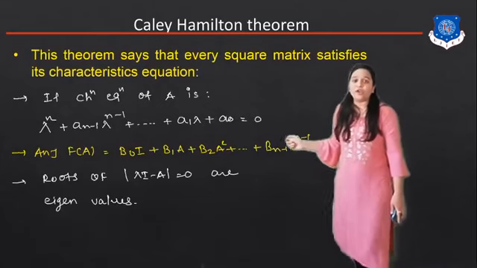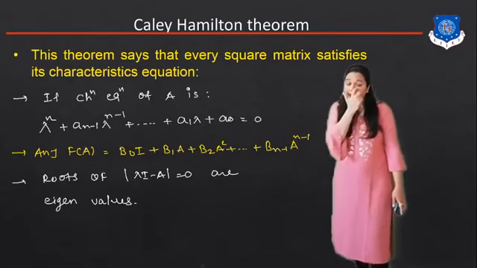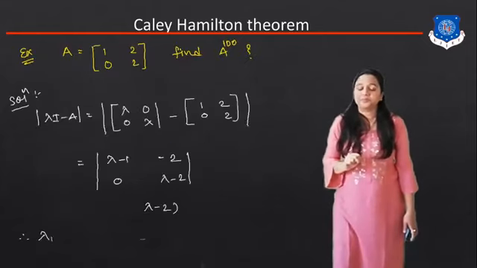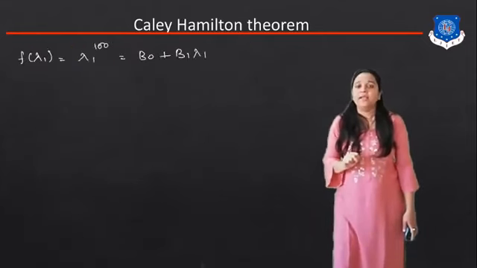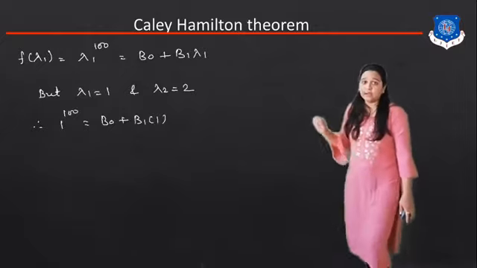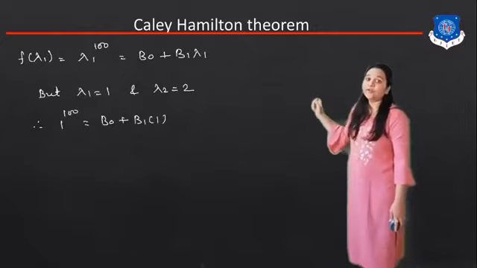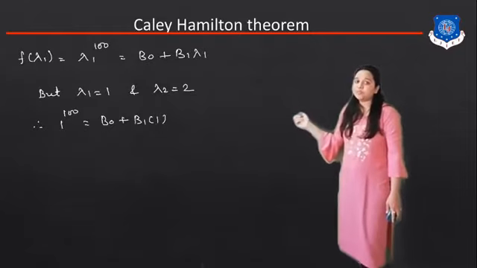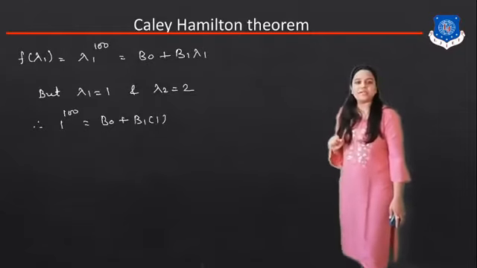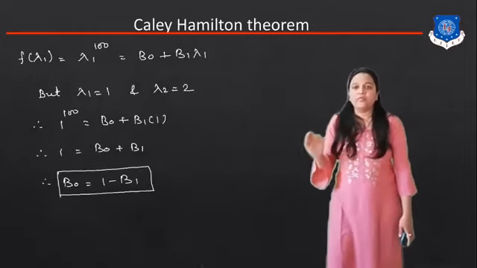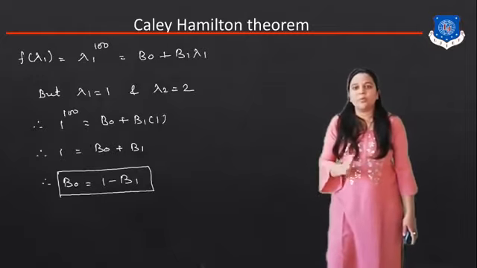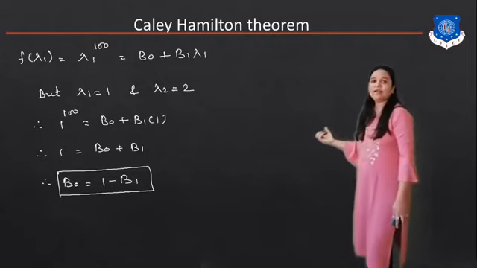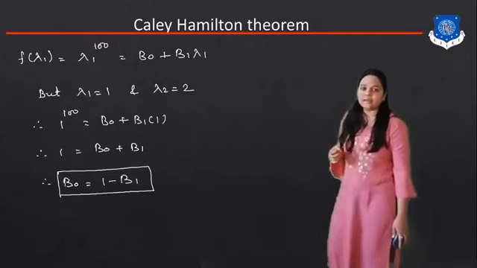We have the I matrix and the A matrix, and we can get the two lambdas, so we put the value of lambda in this equation. With lambda 1 equal to 1, 1 raised to 100 is equal to b0 plus b1 times 1. So we get 1 equal to b0 plus b1, which we can write as b0 equal to 1 minus b1.